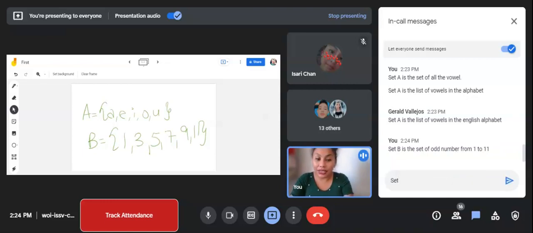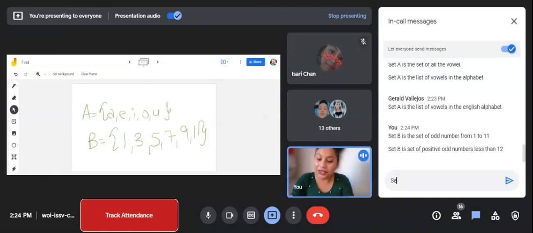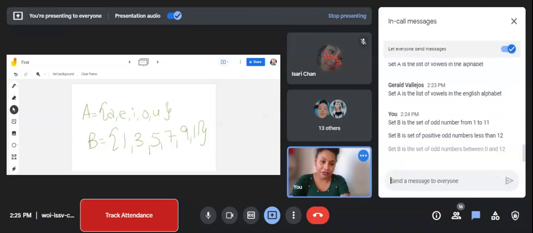I could also say set B is the set of positive odd numbers less than 12. I could also say set B is the set of odd numbers between 0 and 12. And all of them are saying the same thing. All of them are talking about the same group of numbers.